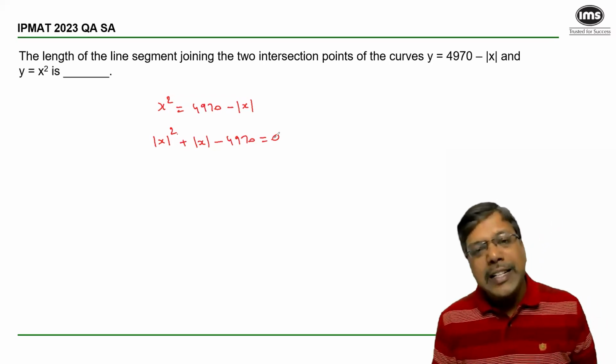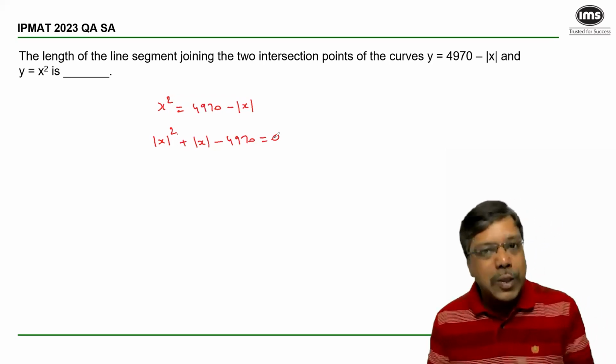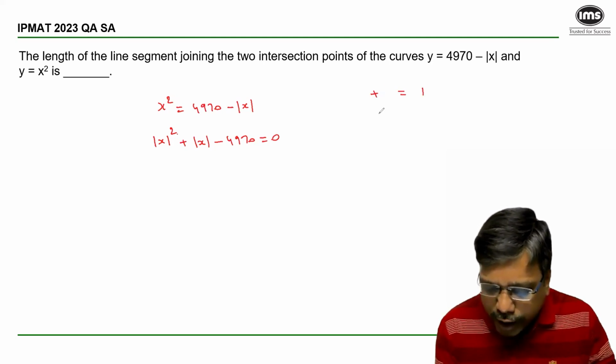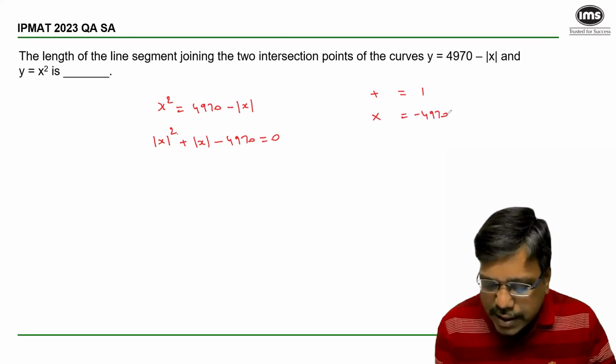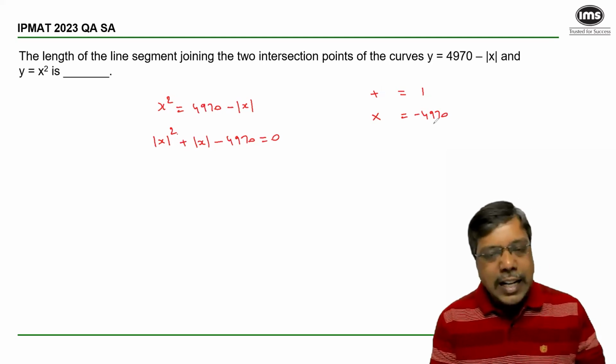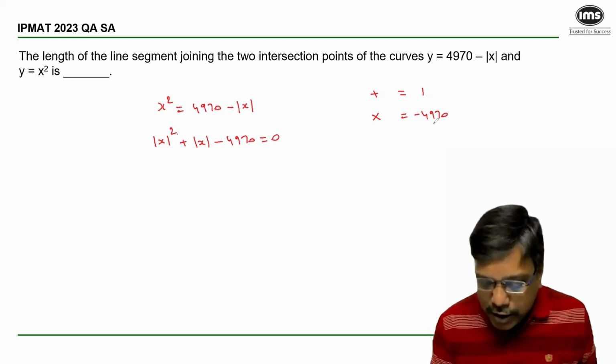Now, if I compare this equation with ax^2 + bx + c, I need to find two numbers. The sum must be equal to 1 and the product must be equal to 4970. So to factorize 4970, clearly 7 and 10 are factors.